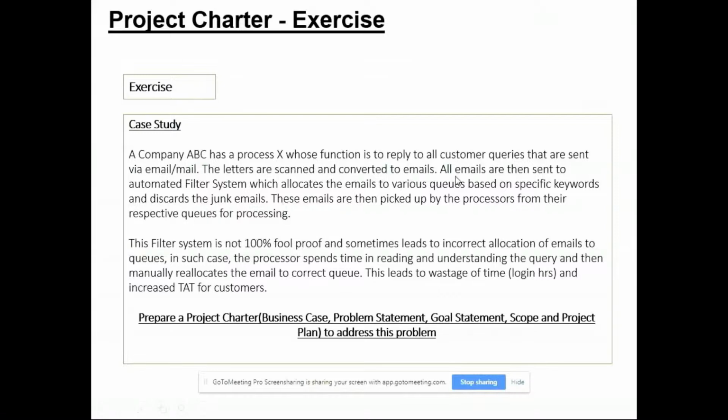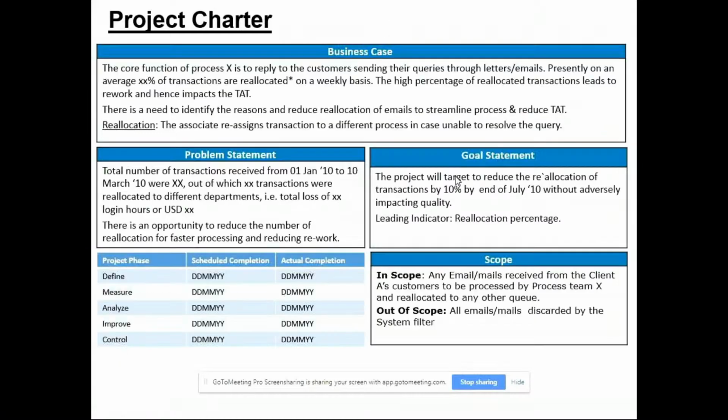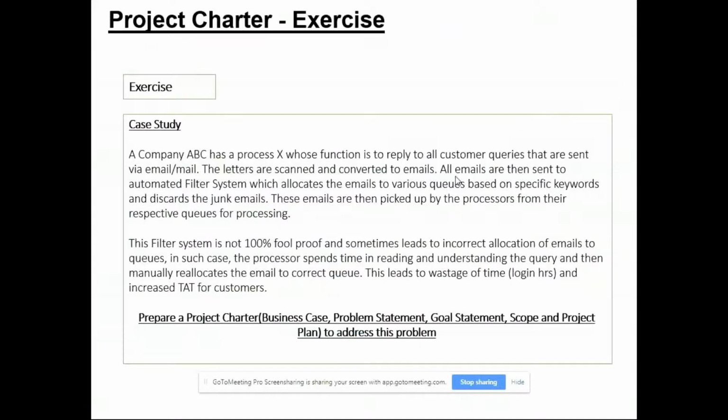Okay, let's look at what we have done in the process. If we look at the business case here, what we are saying is the core function of process X is to reply to the customers sending their queries through letters or emails. Now, a lot of transactions are getting reallocated because of incorrect allocation.